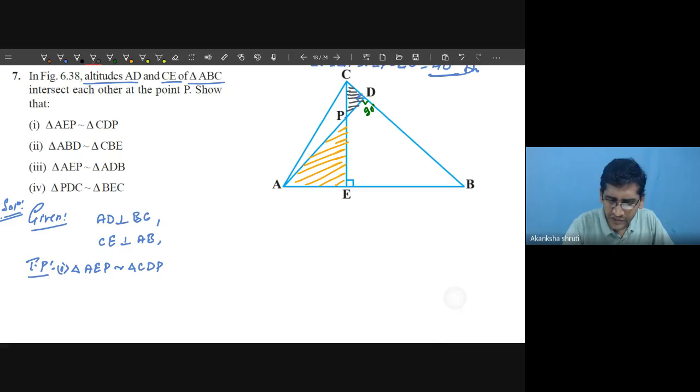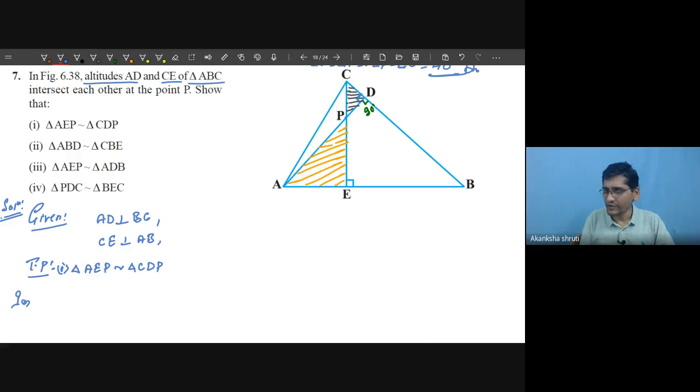Now, how to write it? That is another important thing. So these two triangles have to be considered. So you first focus over these two triangles only. Forget the other triangle. So write, in triangle, whatever triangle is to be considered, write that one only.